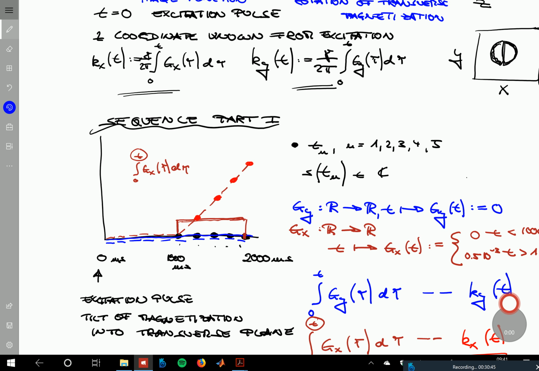So we give one excitation pulse, then we turn on the Y gradient some time after the excitation, and then we turn it off. During signal acquisition, we turn on the X gradient. Before that, we had already turned on the Z gradient and, by tuning the excitation to a specific frequency, selected the Z coordinate.